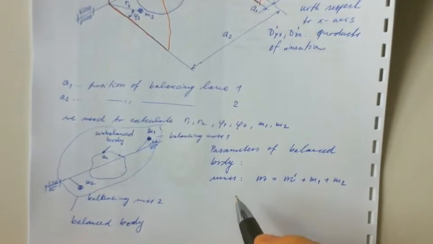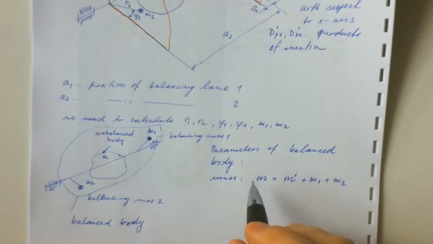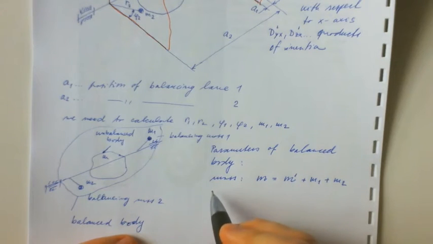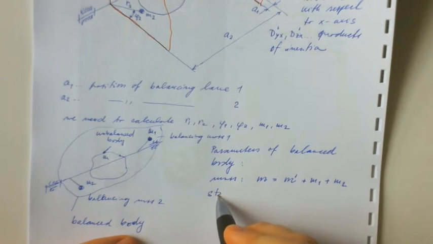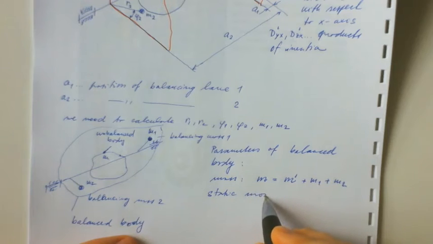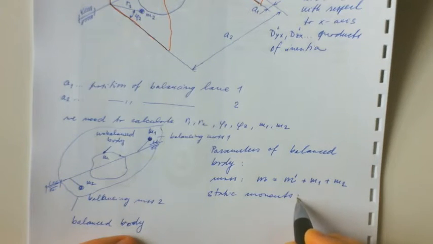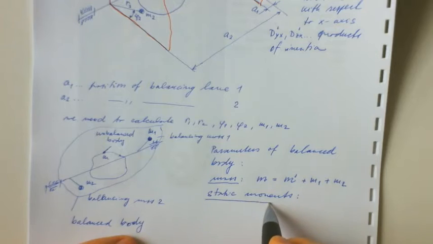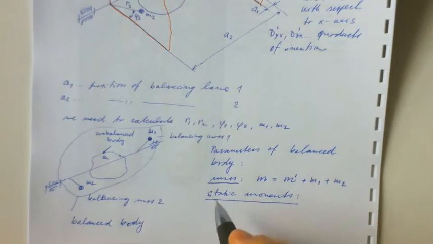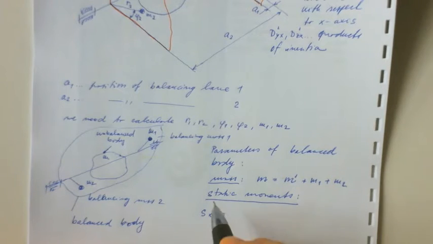Another parameter of the balanced body is the static moment. So the static moment, Sxy, is, oh sorry, it's not about x but with respect to a plane.